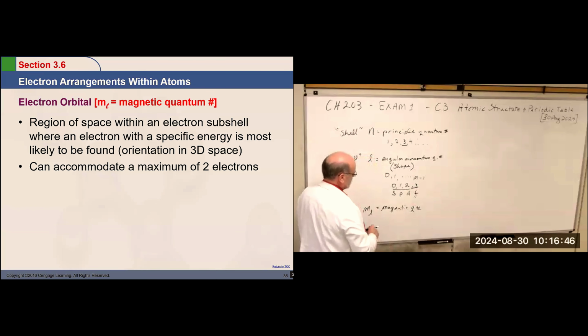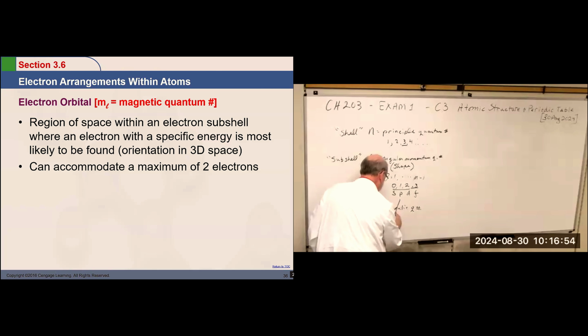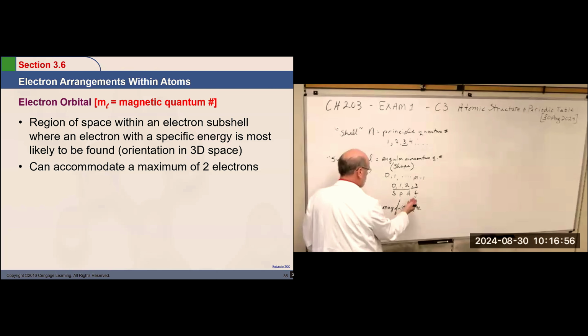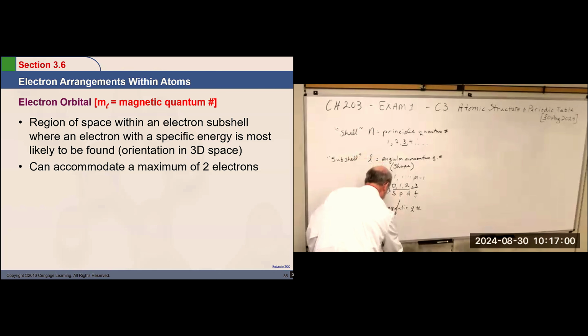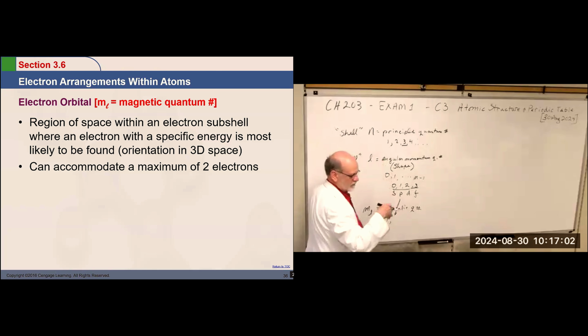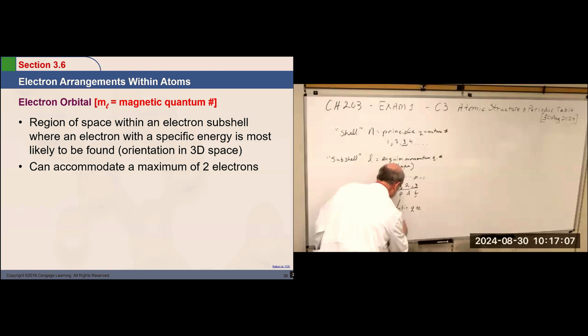So let's say we have an L equal to 1, a P subshell. If we have a P subshell, then we can have negative L, we have -1, and we increment by units, -1 to 0 to +1.